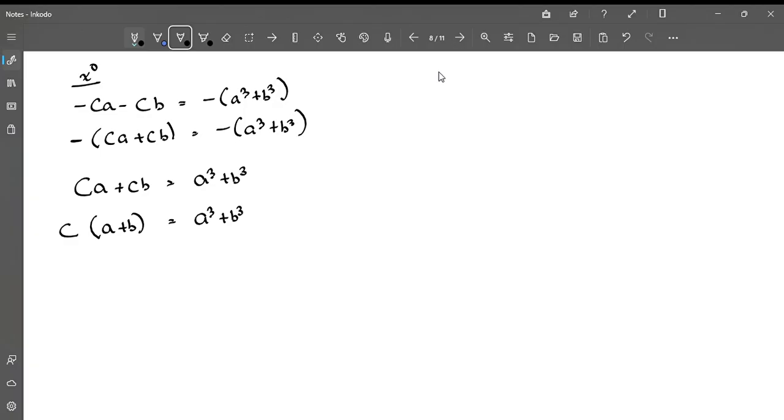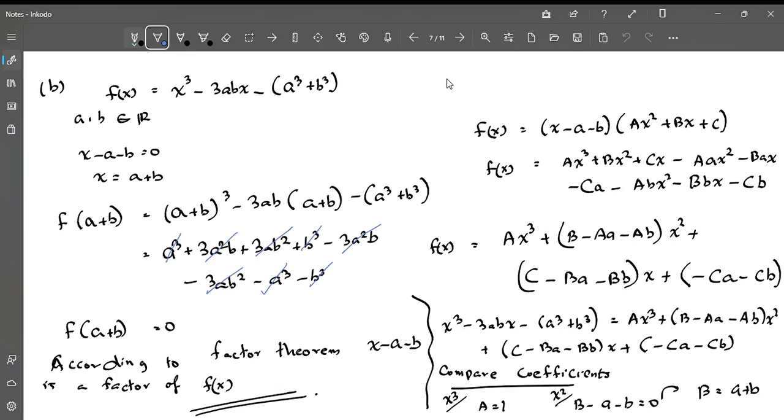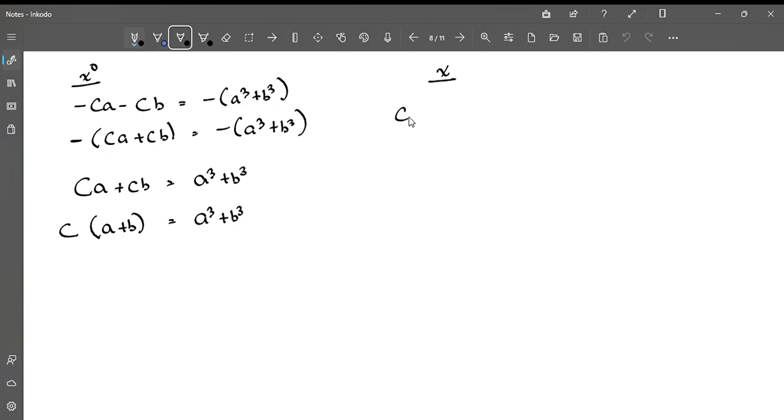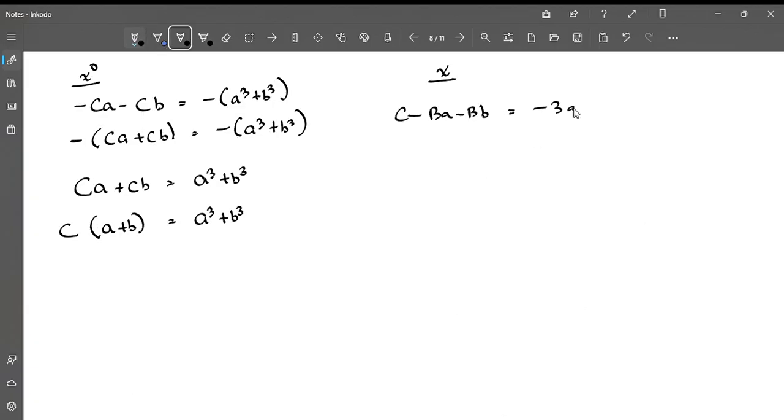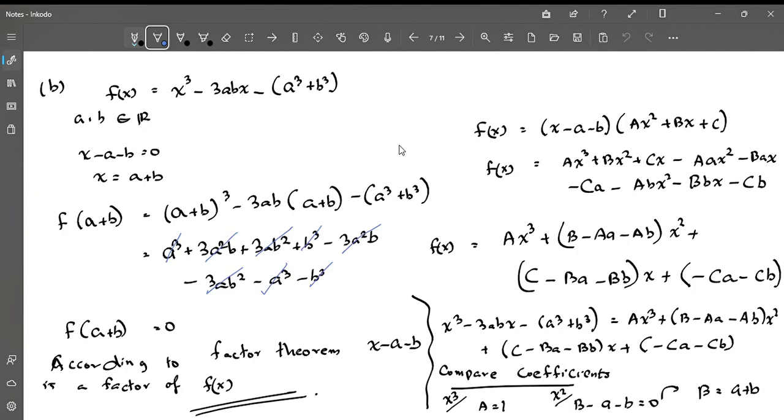Instead of this, we can go for x, which is much easier. c minus ba minus bb is equal to minus 3ab. We already know what b is. The value of b is going to be a plus b.